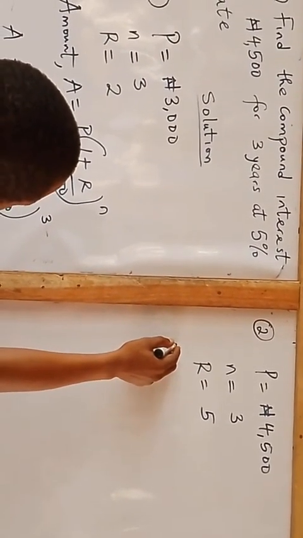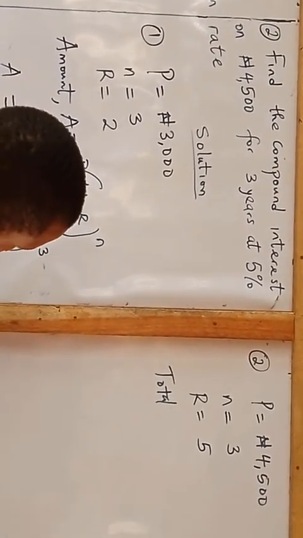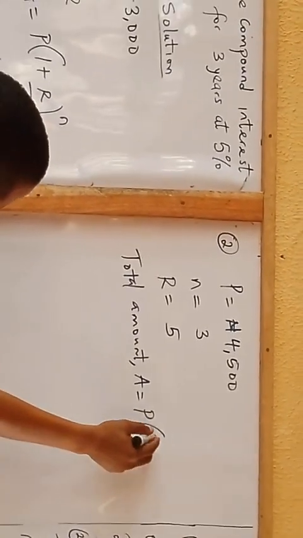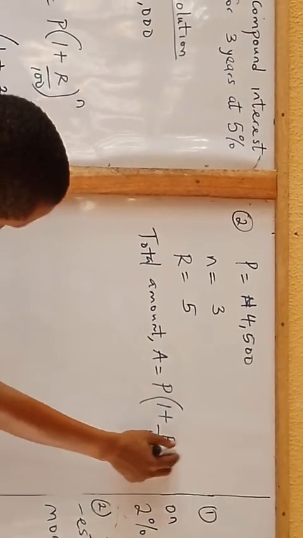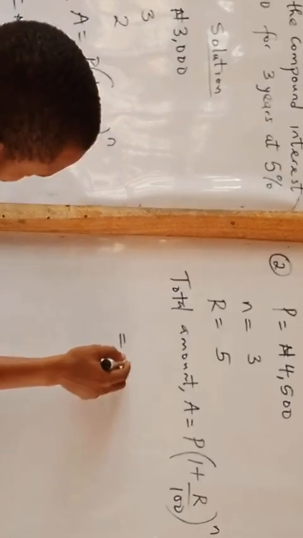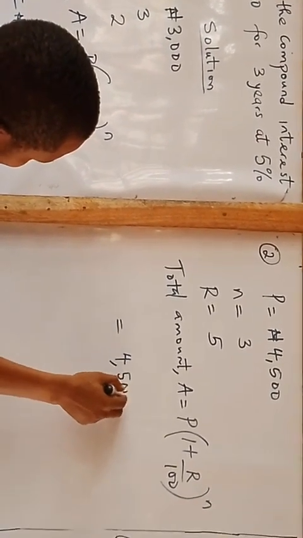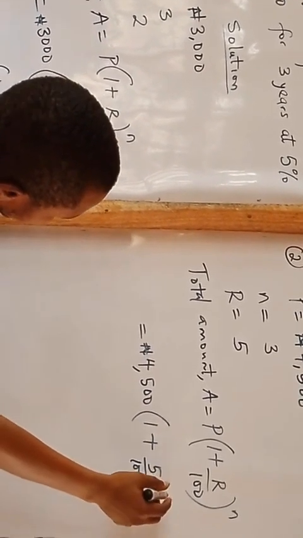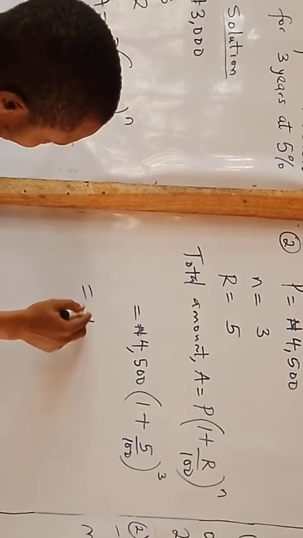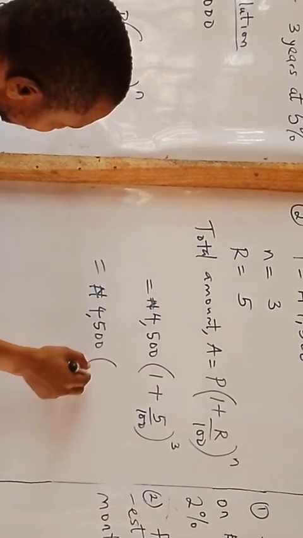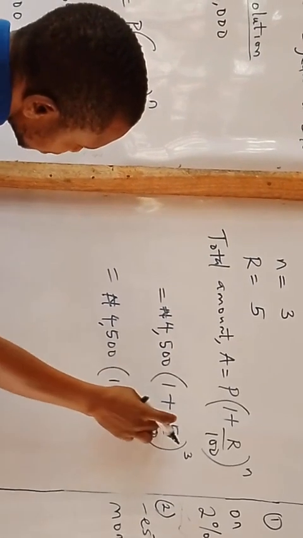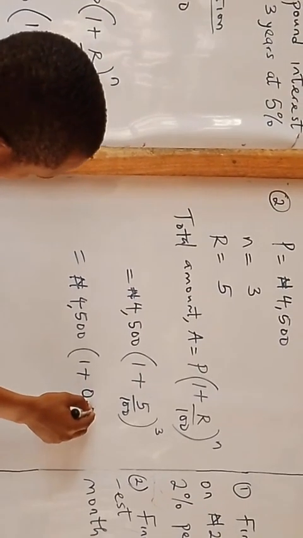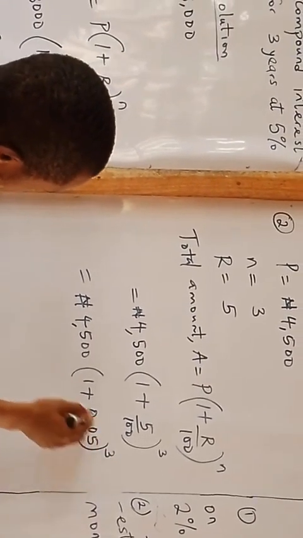So our formula for the total amount, which is A, is equal to P into bracket 1 plus R over 100 raised to power n. So our P here is 4,500 naira in bracket of 1 plus 5 over 100 raised to power 3. Then we will have 4,500 naira in bracket of 1 plus this 5 over 100. We are going to express it in decimal form. We are going to have 0.05 raised to power 3.